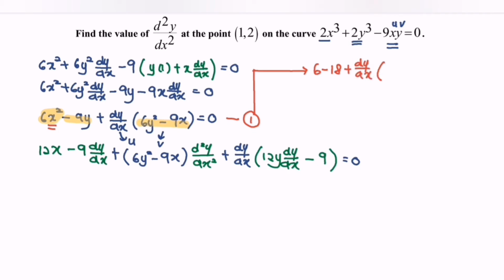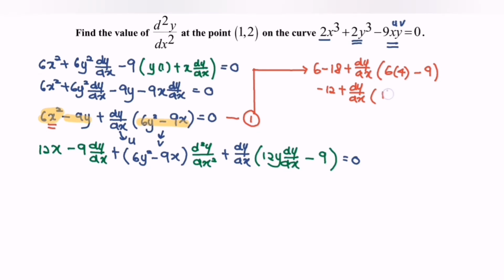Again for y we have 6 multiplied by 4 because y equals 2, minus 9. Simplifying, we will have negative 12 plus dy/dx bracket 24 minus 9, which is 15, equals 0. Rearranging, dy/dx equals 12 over 15. So dy/dx will be equal to 4 over 5.